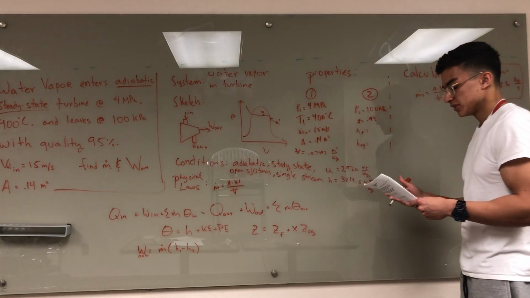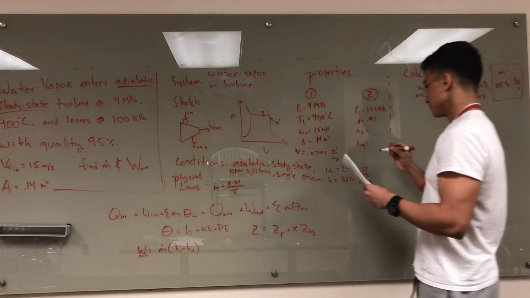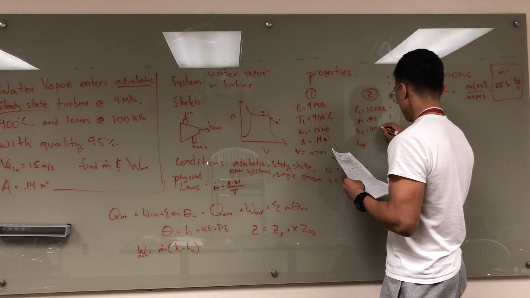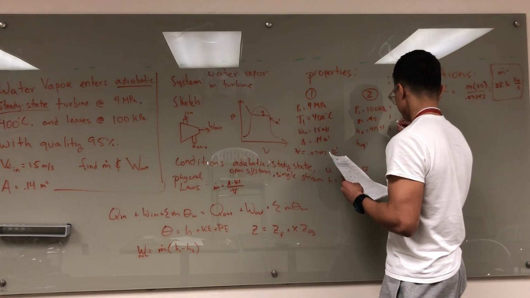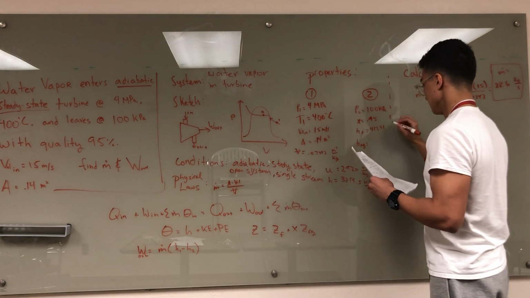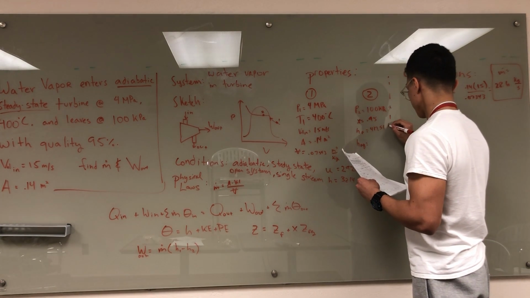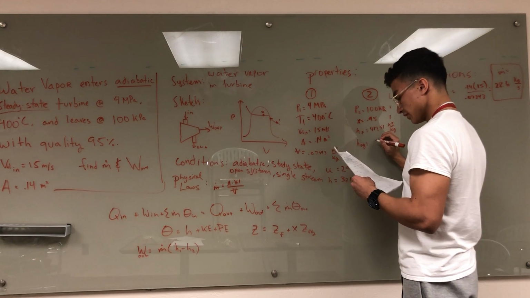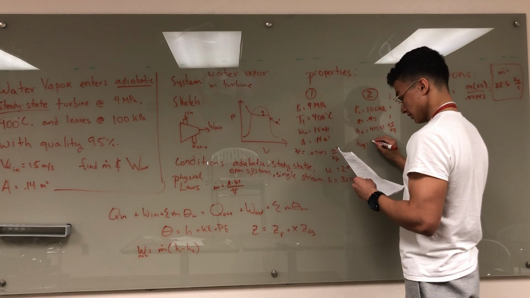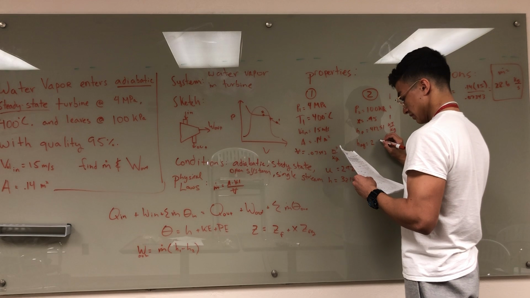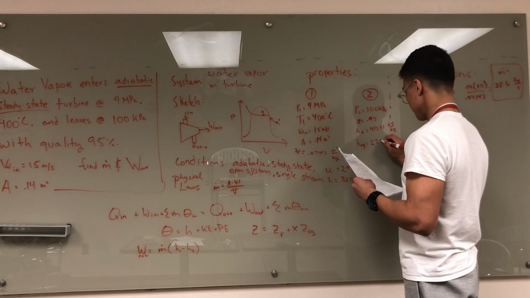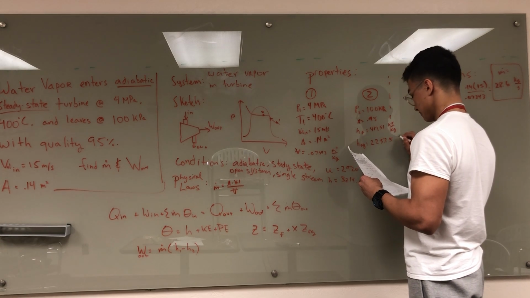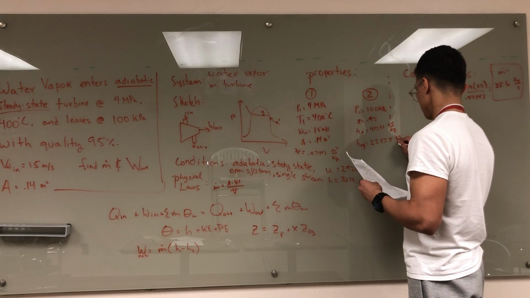So if you go to the pressure tables on water, you're going to get these values for hf, which is going to be 417.51, and the units on this are kilojoules per kilogram. Always keep track of your units. And then hfg is going to be 2257.5 kilojoules per kilogram.